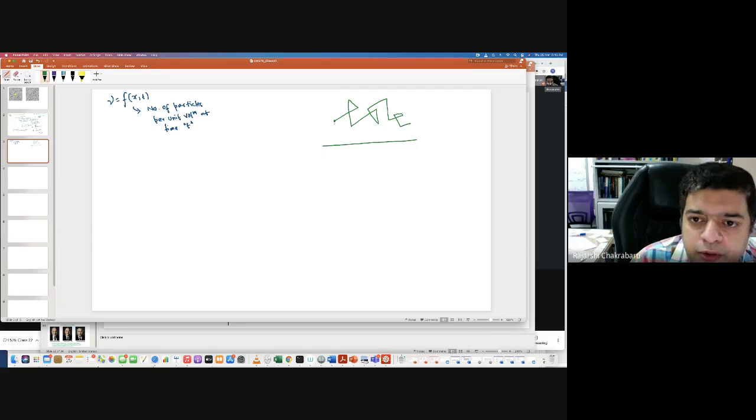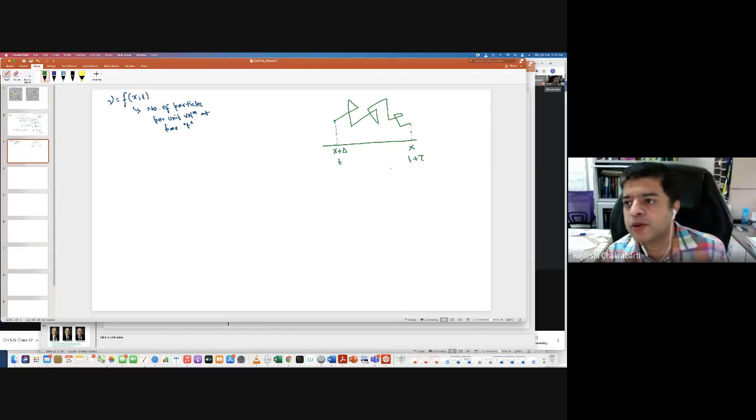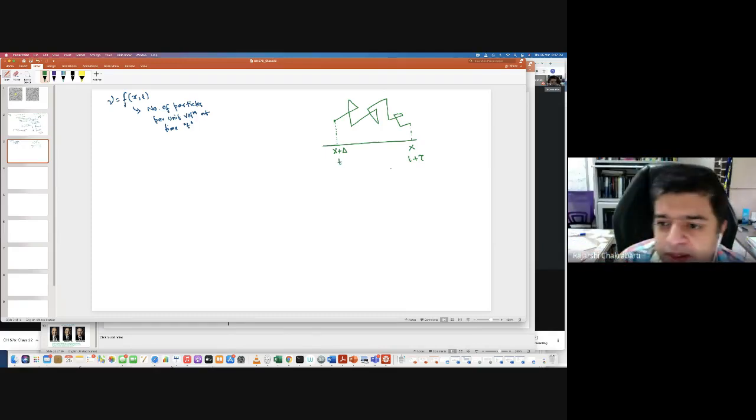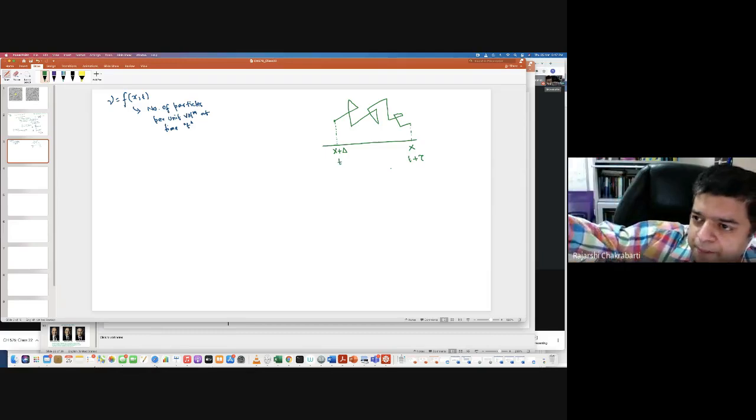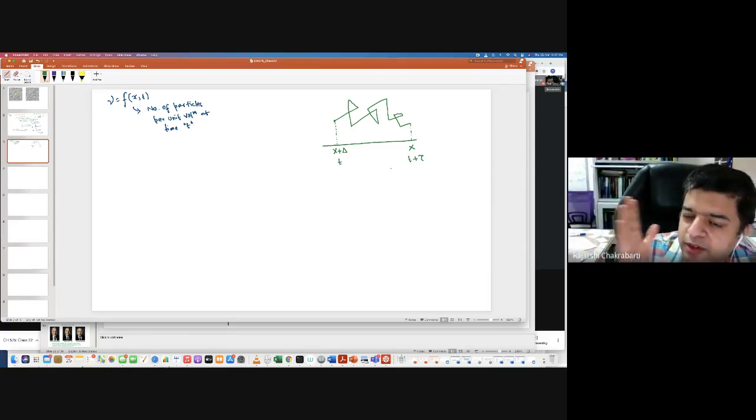At time t, I call this position x plus delta, and this is your position which is x at time t plus tau. So your initial position is x plus delta, and your final position is x. Your initial time is t and the final time is t plus tau.